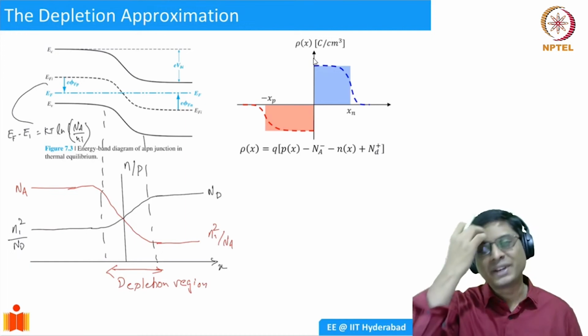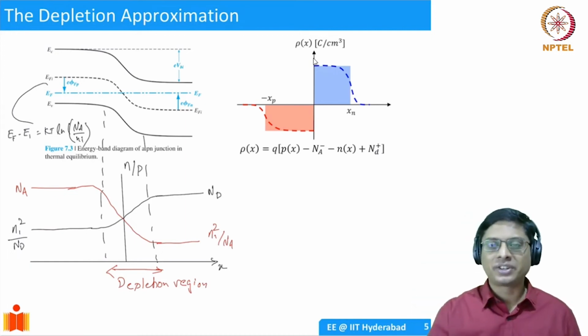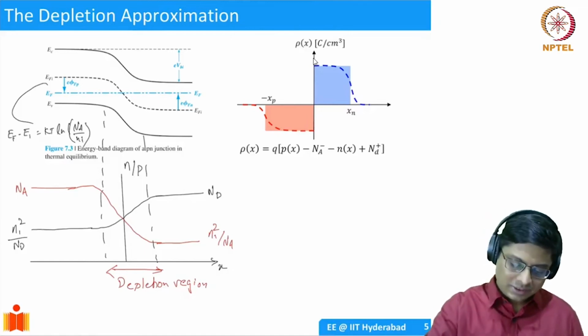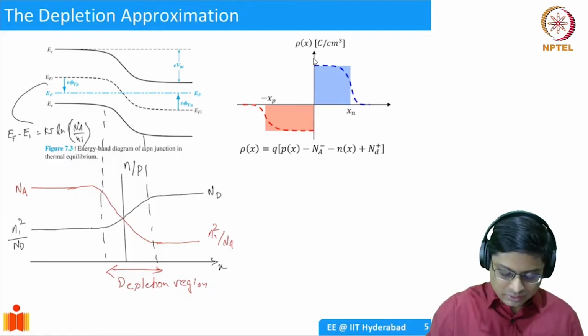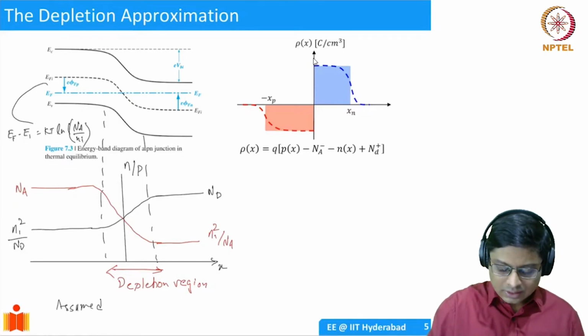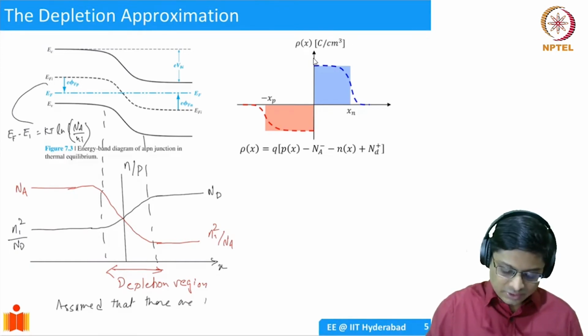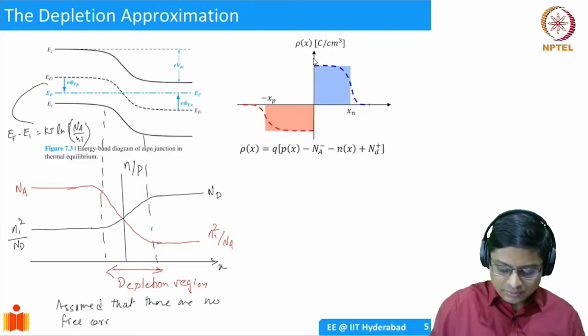That was the assumption we made in the last lecture, when we were trying to derive electric fields and all that. We assumed that there are no free carriers in the depletion region.